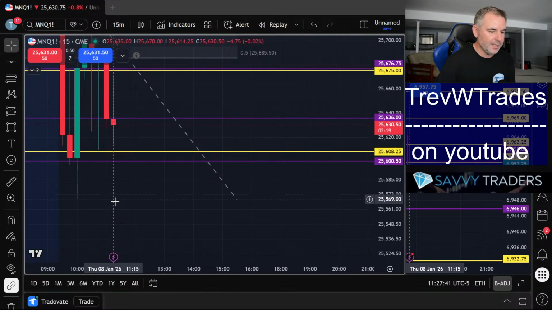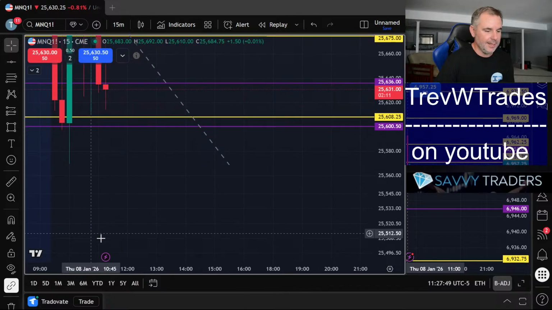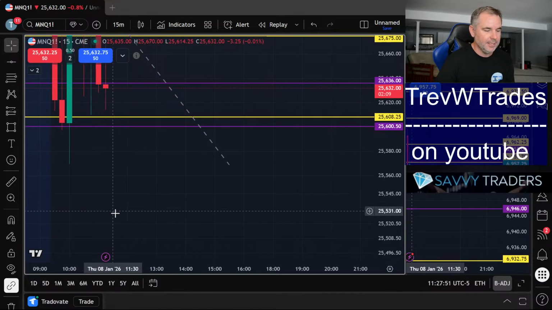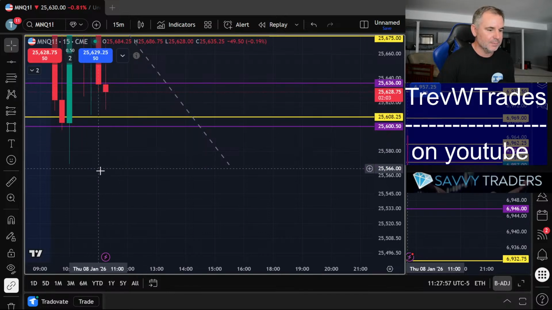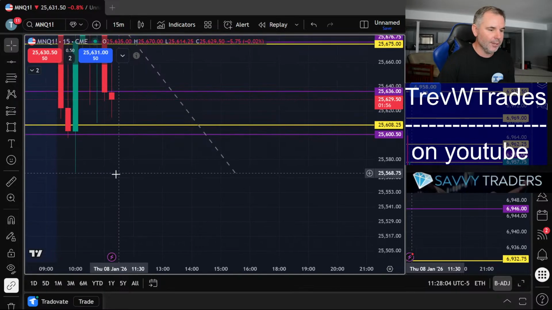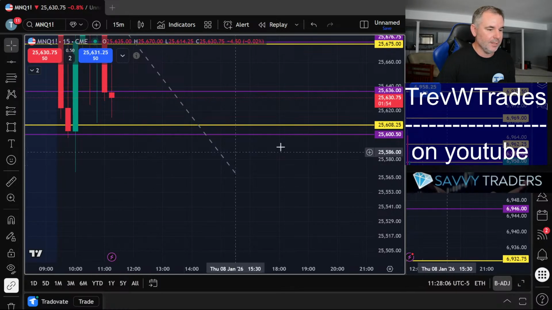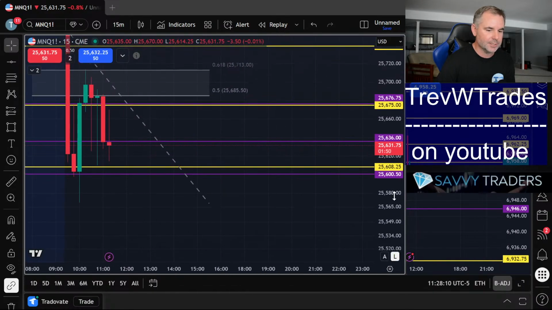If I was looking to short, I would want to see a massive red candle close down here, and then I would wait for a retest, because once all of this support is broken, what happens? It switches to resistance, right? So the stronger the support, once we break it, the stronger the resistance. That's the way it works.